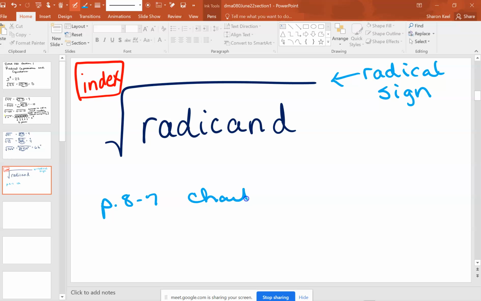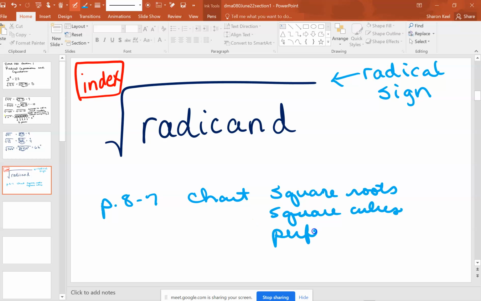You have a chart on this page for square roots, square cubes, the perfect fourth powers, and they give you the more commonly used ones. They're the smaller values that you would normally see.